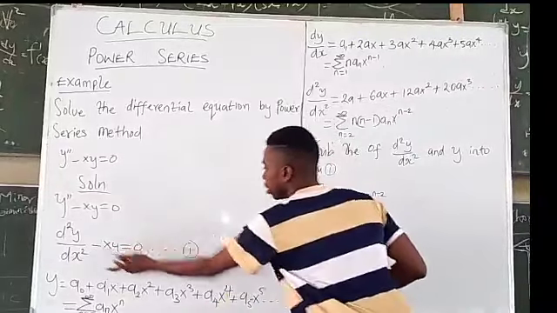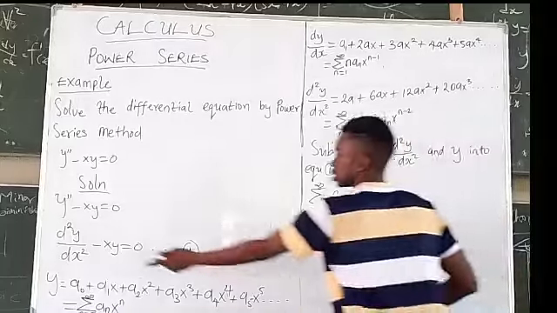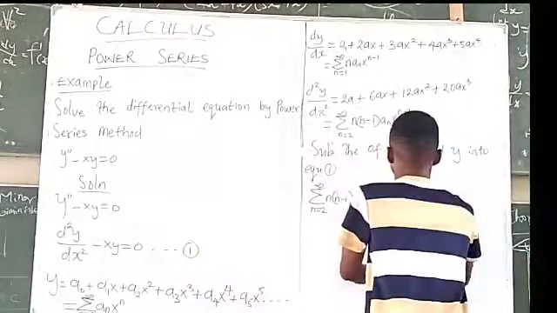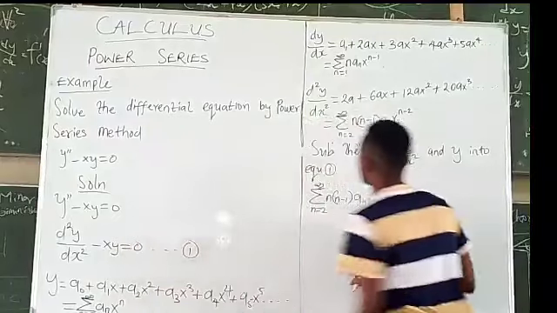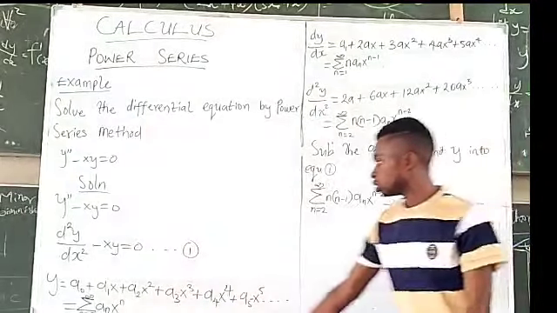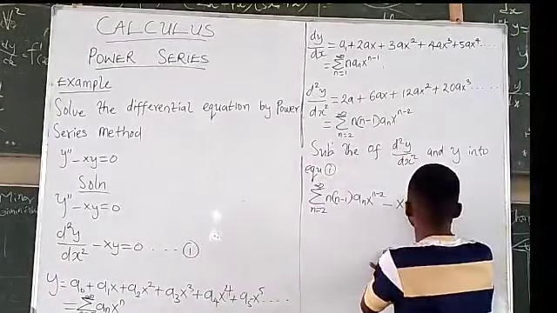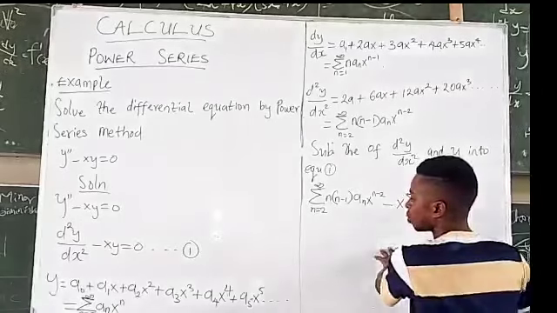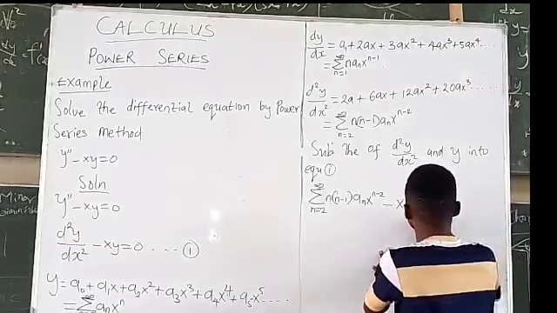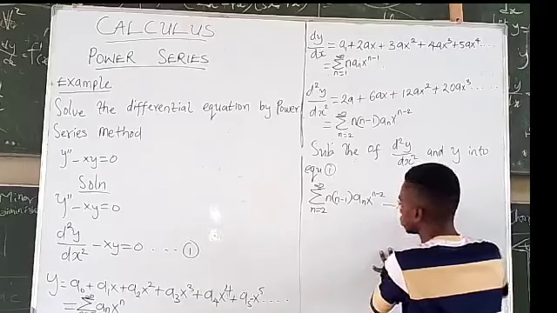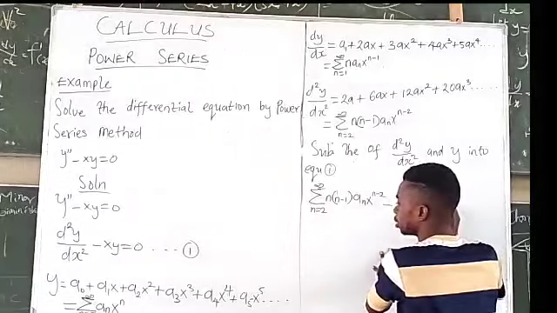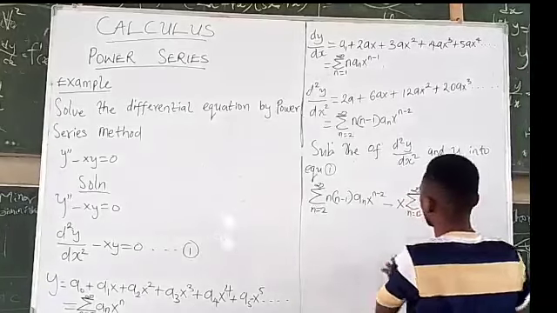Then from here we get minus x. Then we input the value of y, the result of y, which is the summation, n approaches 0 to infinity, of a_n x^n.